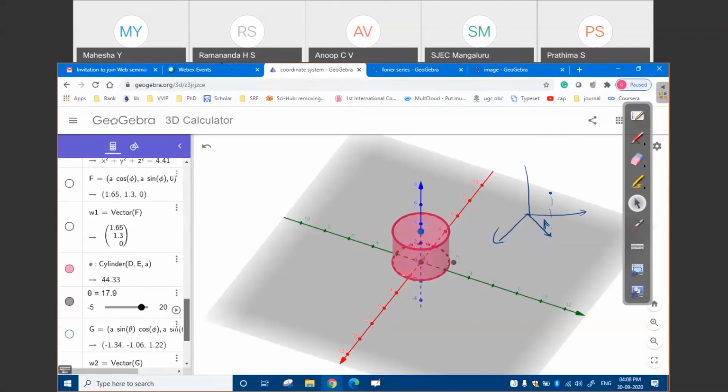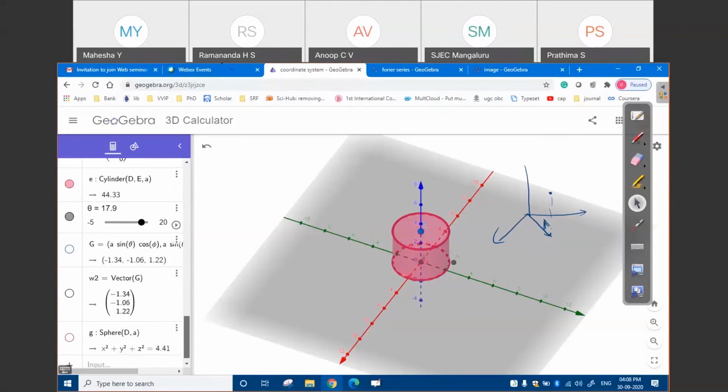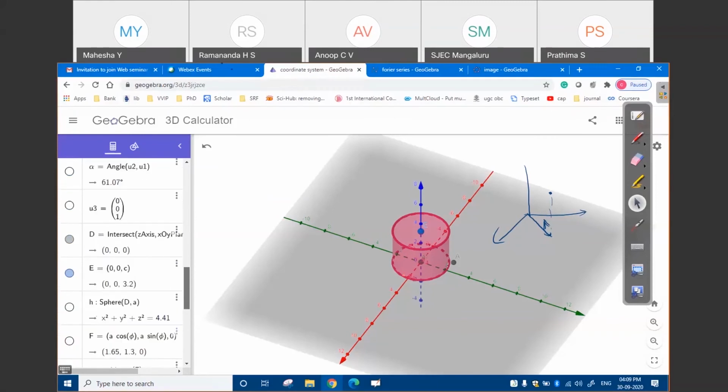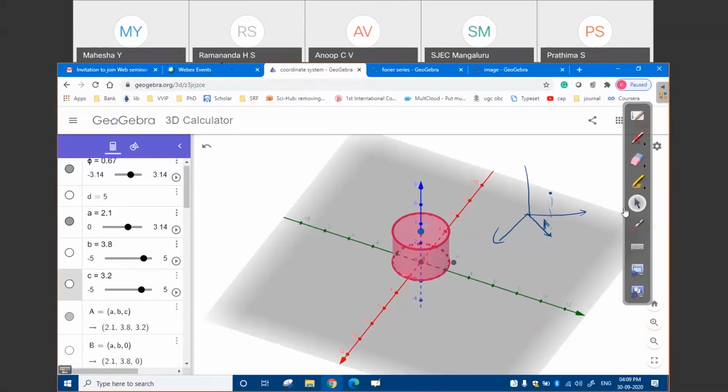If I change the value of A, you can see the cylinder diameter increases. And if I change the value of Z, you can see the height of the cylinder changes.